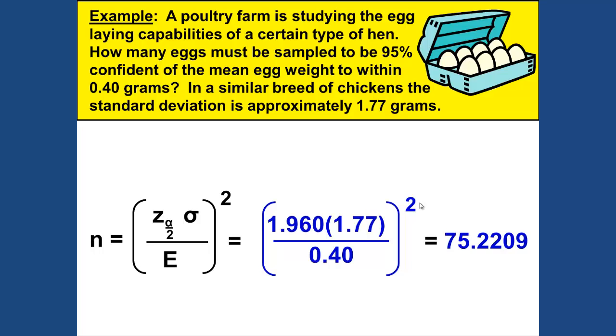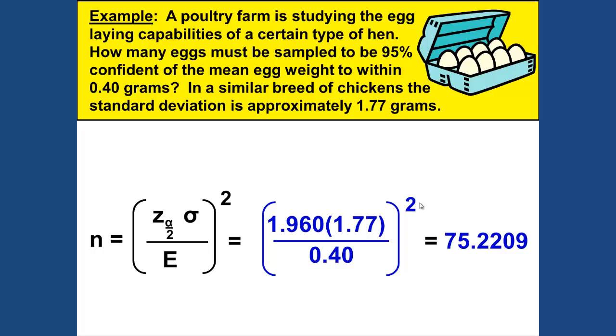Now, that means we need to look at 75.2209 eggs. So if we rounded this to the nearest whole number, that would give us 75 eggs, which is not enough. We need 75.2 eggs.